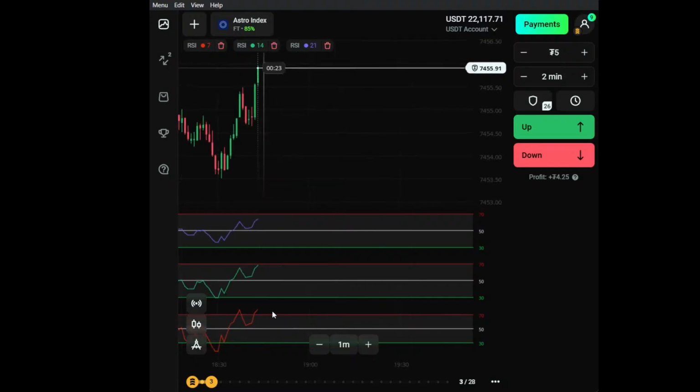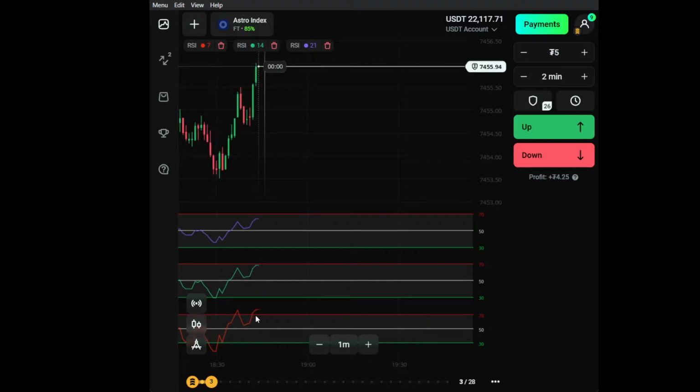Here also, as you see, the RSI 7 has crossed the oversold zone. RSI 14 has touched the overbought zone, sorry. So from here we will see a reversal. You will see a reversal coming up.